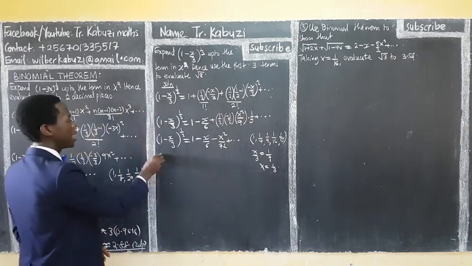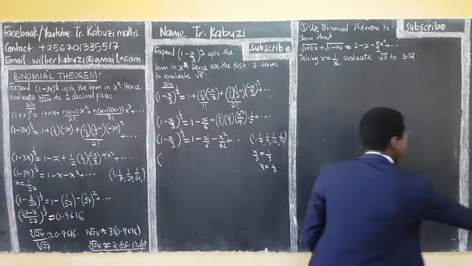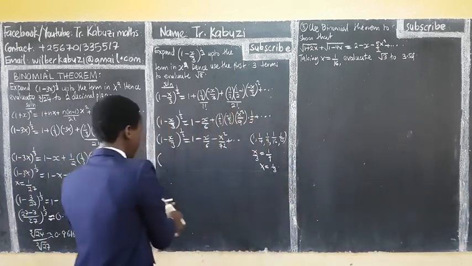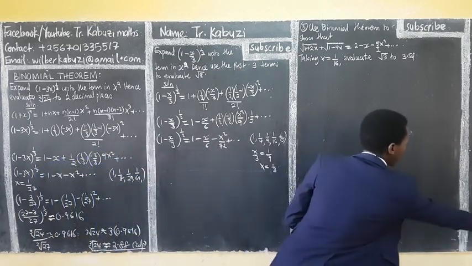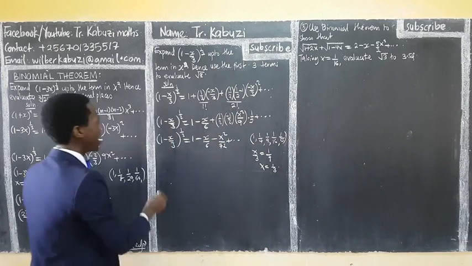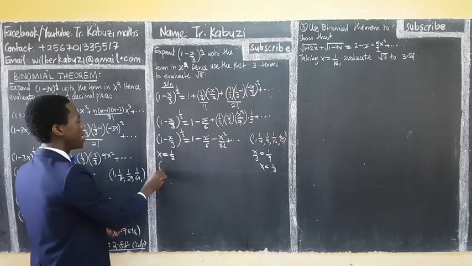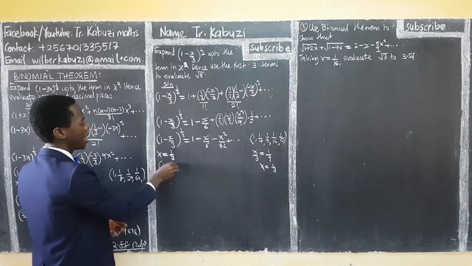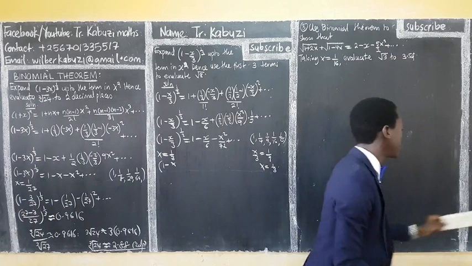So if my x now is 1 over 3, this is going to be now 1 minus x, x is now 1 over 3 as you see there.